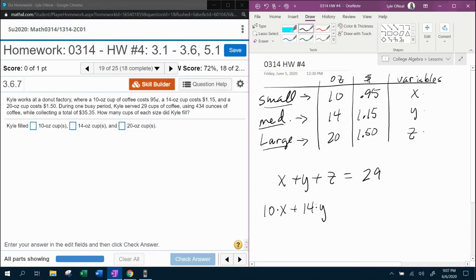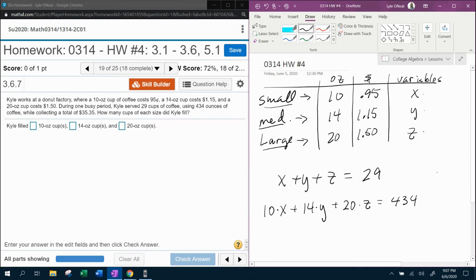That'll give me the total number of ounces for medium sales. And one more time, 20 ounces times Z. Man, I hope you're getting that. You have to multiply the number of cups times how many ounces are in a cup to get the total number of ounces from that particular size. And that should equal 434, which is the total number of ounces.